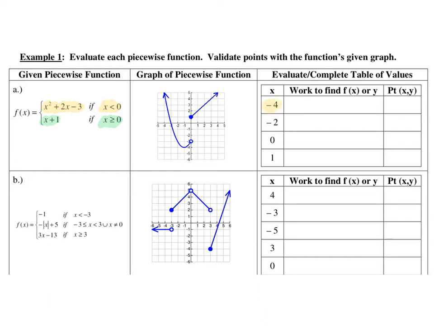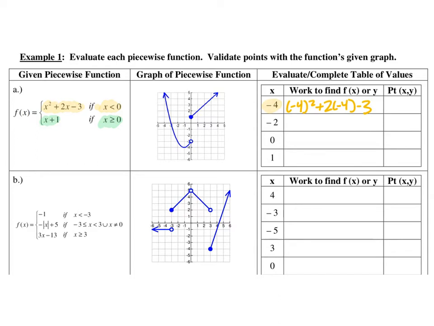-4. Now let's look at each subdomain. X is less than 0, x is greater than or equal to 0. Well, -4 is less than 0, so we substitute -4 into that top subfunction. -4 squared plus 2 times -4 minus 3.